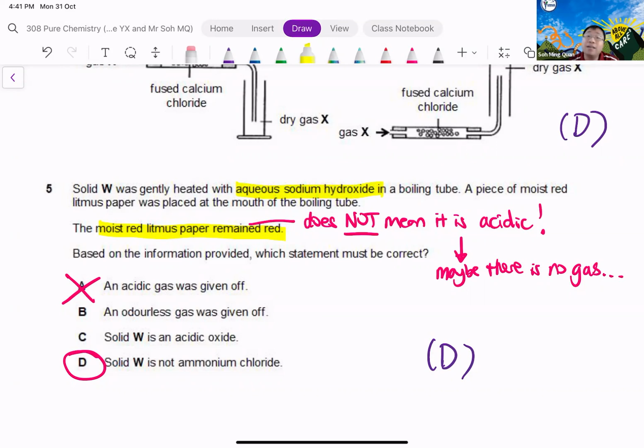The fact that it didn't turn blue means solid W cannot be ammonium chloride because it doesn't produce any ammonia gas in this reaction. So the answer is D. This is one of the very tricky combined science MCQs. And with that, I think I've gone through most of the tricky questions in this paper.